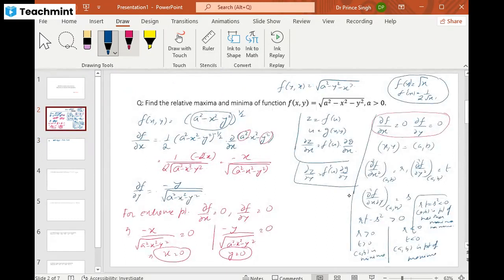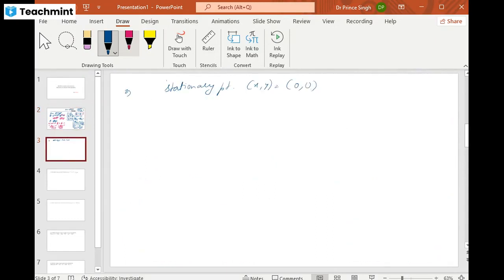It is an extreme point if this is positive. So firstly we need to calculate the second order derivative with respect to x. So ∂²f/∂x² means ∂/∂x of ∂f/∂x, which is ∂/∂x of −x upon (a² − x² − y²) raised to the power 1/2.